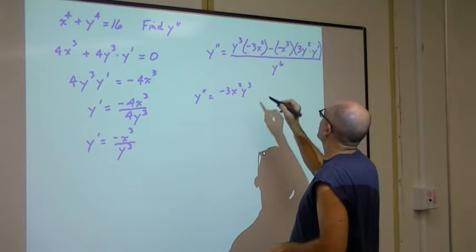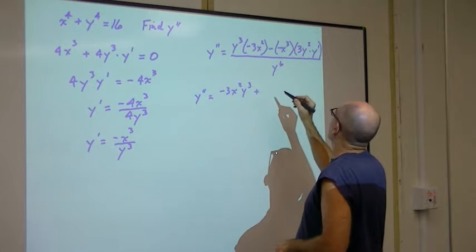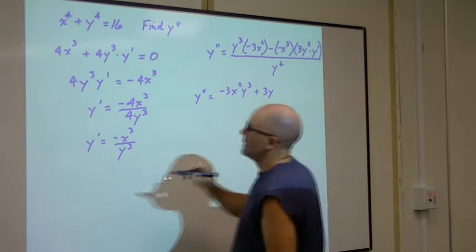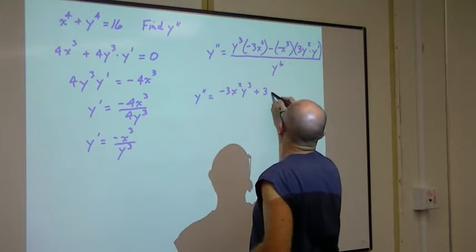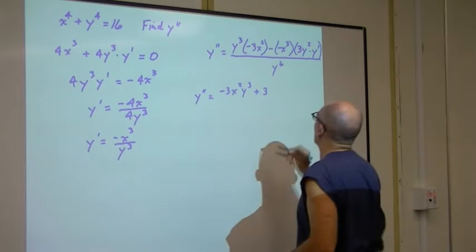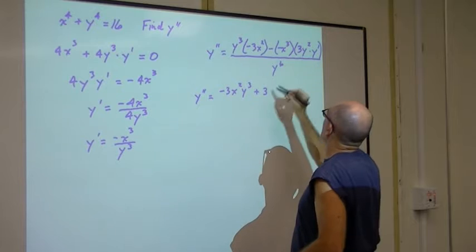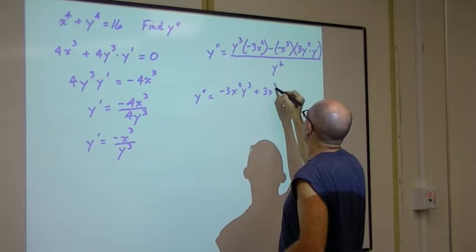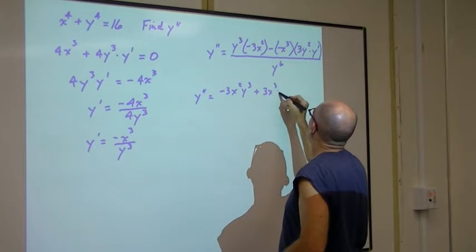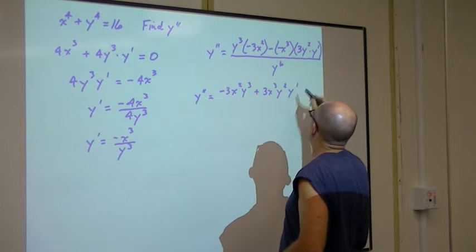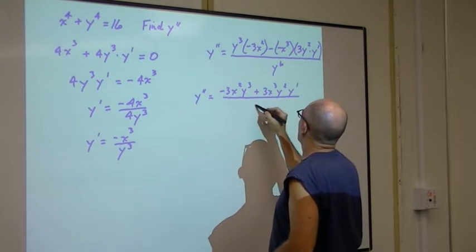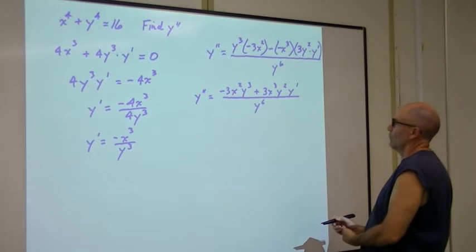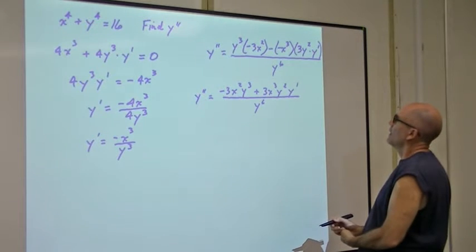Now minus a negative is going to end up being plus, so minus 3x cubed y squared y prime, all over y to the sixth. Yeah, that's right.